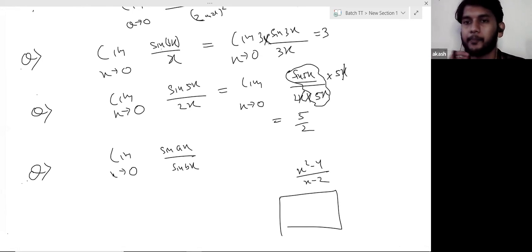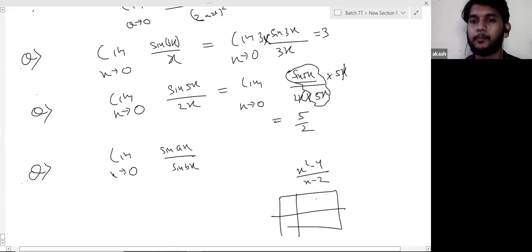These are all tricks. What we actually do is make a table. Suppose this is limit x tending to 2. First put x equals 2.01 and find what value we get. Then 2.001, then 2.0001.